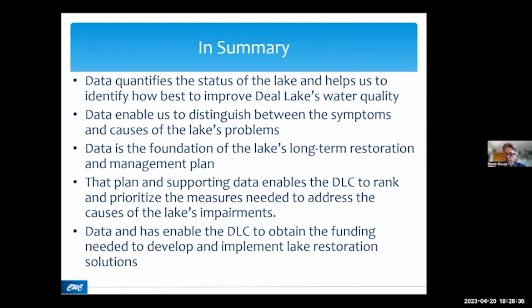Through that plan, the Deal Lake Commission has been able to rank and prioritize projects and then obtain the funding because of that data to actually implement projects that work towards restoring the lake through reducing stormwater pollutant loading to the lake.